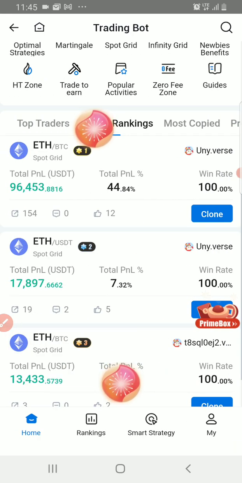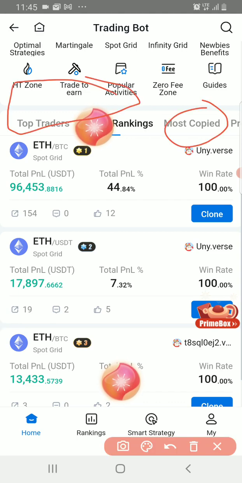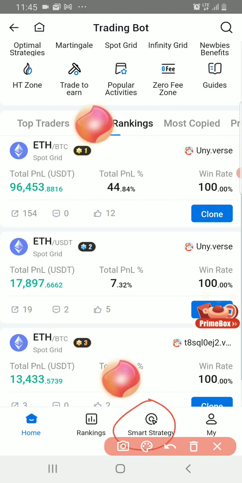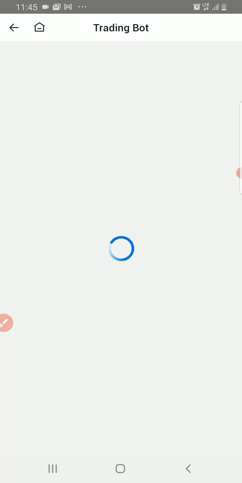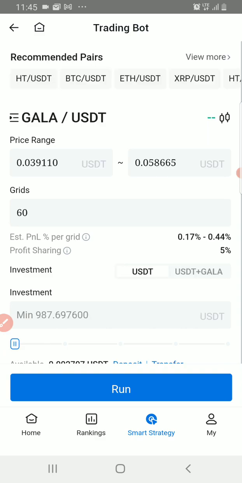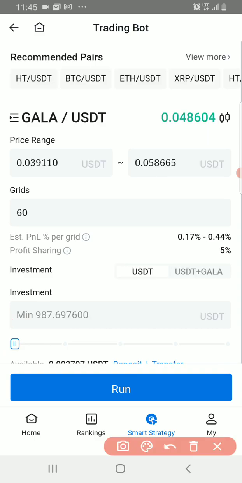So let's try creating our own strategy now. What we need to do is click on, I think, smart strategy. So we'll click on it. All right, we clicked on that. So what we need to do next, we come to this, we used GALA.